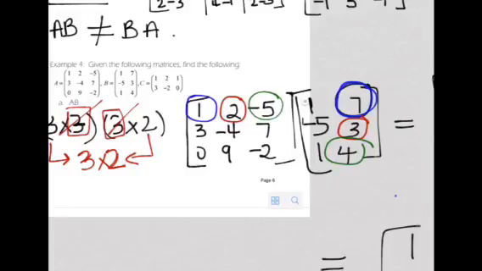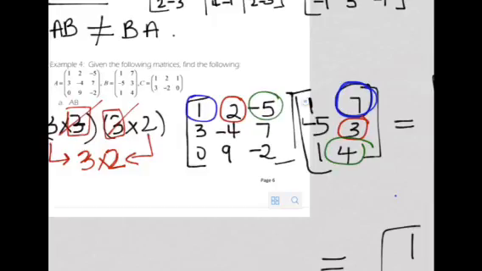Alright, so B is, I have no idea what, 1, 7, negative 5, 3, 1, 4. Wow, that's a mess. It's also not quite large enough.